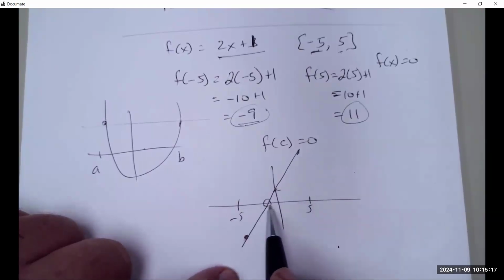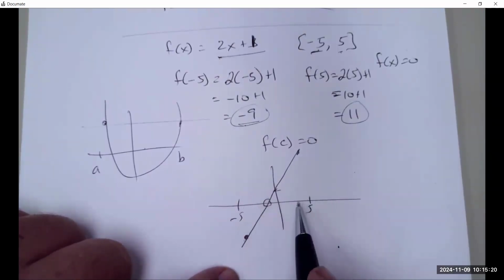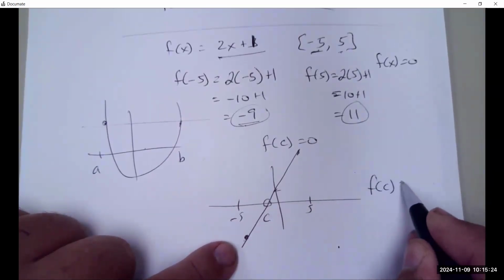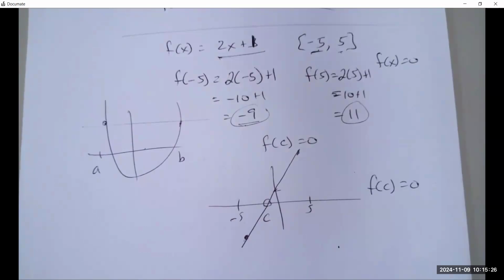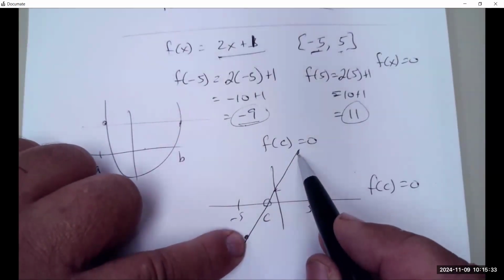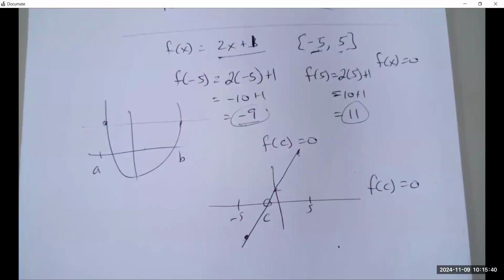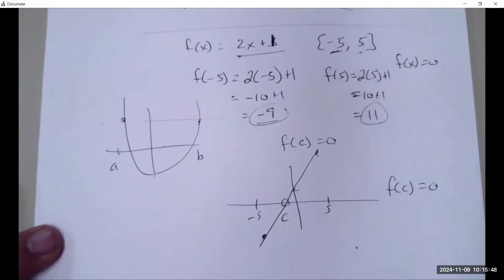That means there's at least one point between there, at that point C, where f of C is equal to 0. If at both ends they're different, is there no x-intercept? This doesn't tell that.